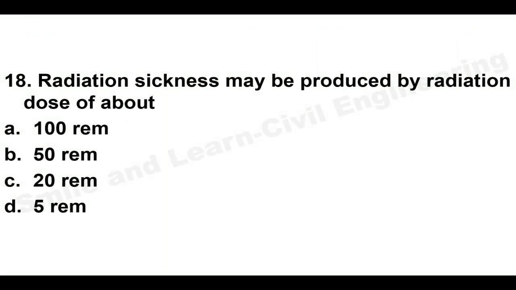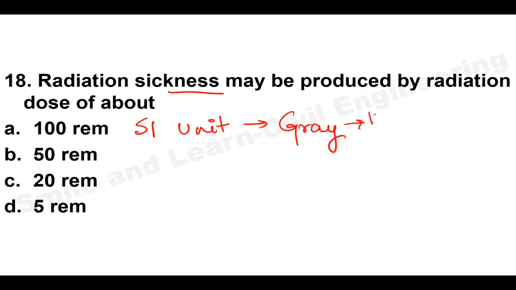Next question. Radiation sickness. The unit of radiation is related to this. What is radiation sickness actually? We'll discuss this. The first unit of radiation was actually RBE. Next came the SI unit, the gray. 1 gray is 1 joule of energy required for 1 kg of material.